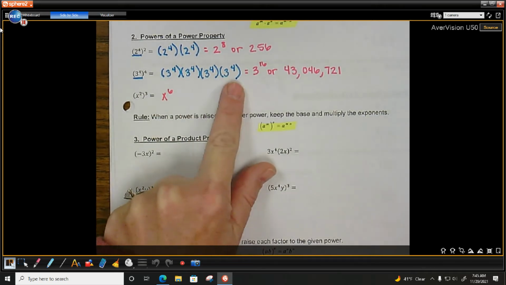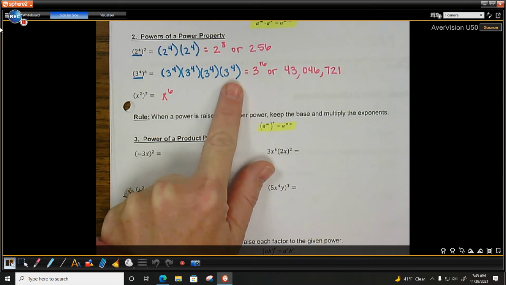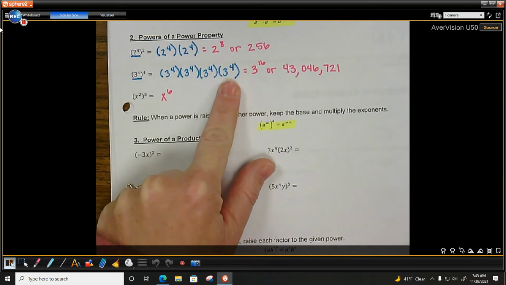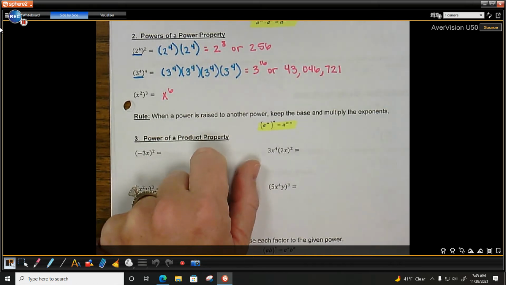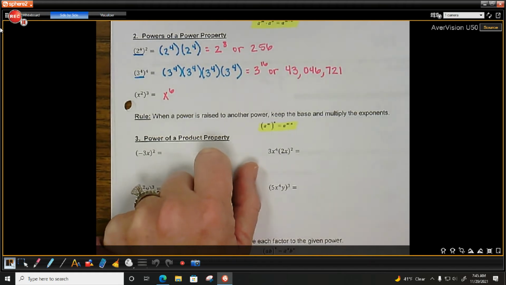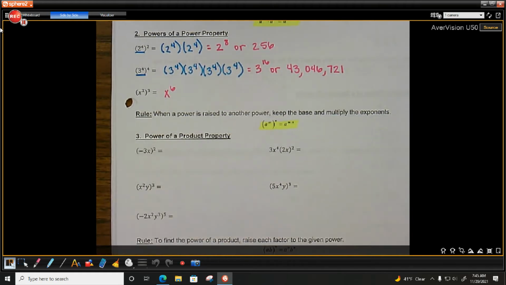That's a lot. What if I accidentally wrote only 3 3s in one of the parentheses? Or what if I accidentally wrote 5 3s in one of the parentheses? Then whenever I count it up, it would be wrong. Okay? So some of us are going to make more mistakes when we expand it, but some of us are going to need to expand it. I do not care what you choose to do. Good? That's why I'm showing you both ways. Okay?